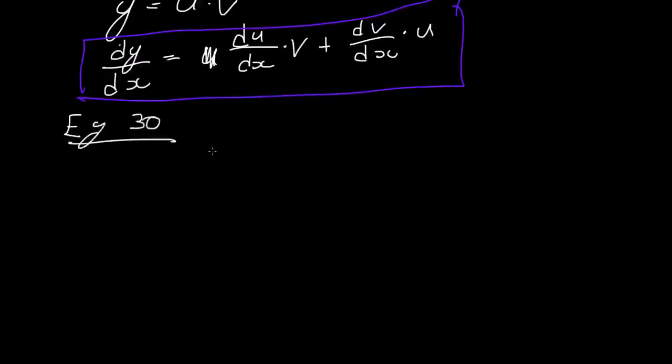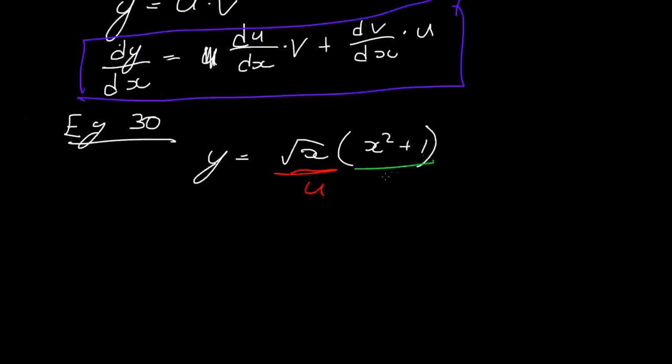It says differentiate y equals root x into x squared plus 1, right? So let's see, you've got a product of two polynomial functions. So let's call this u, let's call this v, right?